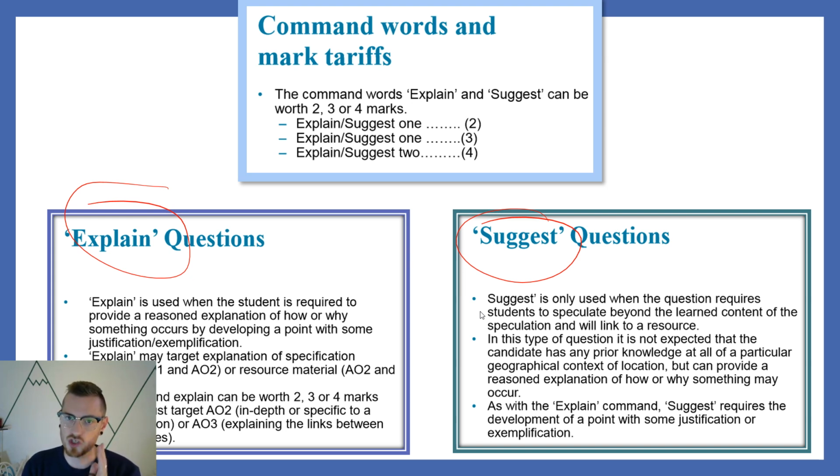Main thing is, if it says suggest, you must start your point from quoting, lifting information from the resource, whilst with explain, you don't have to do that unless specifically told to do so, i.e. it says use the figure. With suggest, it's always going to tell you to use the figure. You've got to use the resource. You must list information from it.